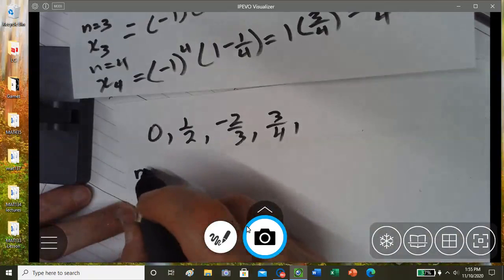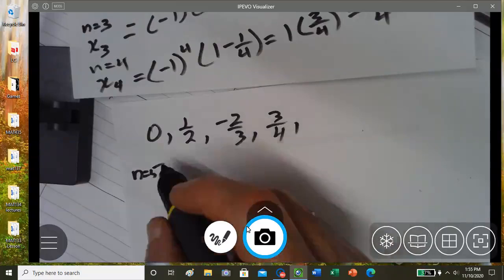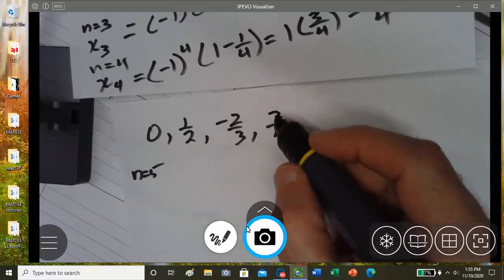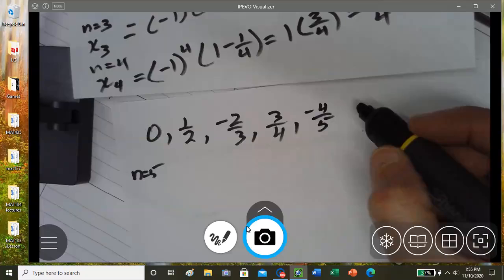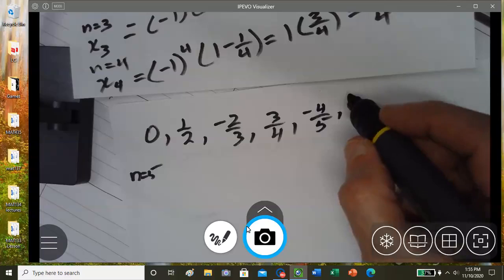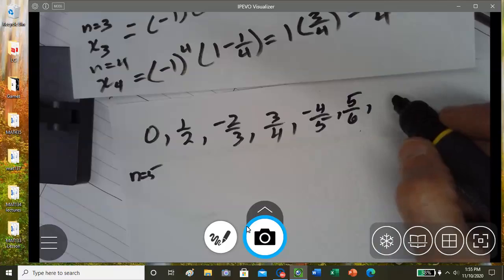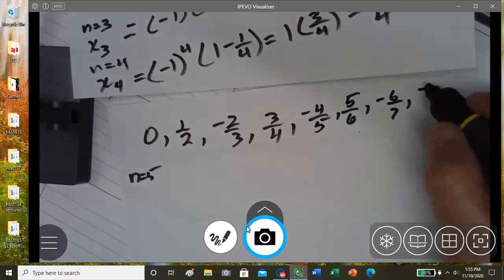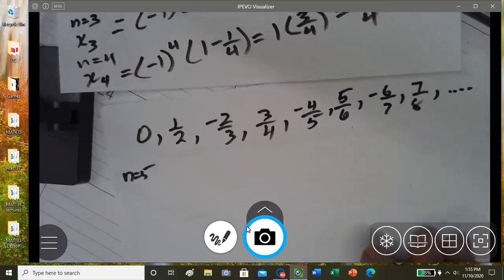If you went with n equals 5, you get negative 4/5, and n equals 6, you get 5/6, n equals 7, you get negative 6/7, n equals 8, you get 7/8, and so on in the sequence.